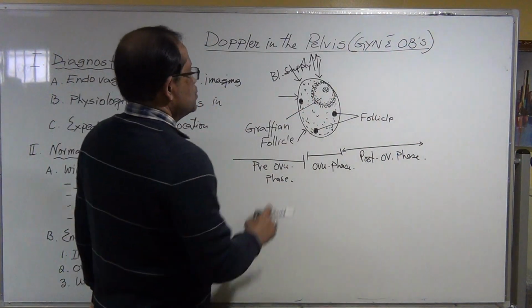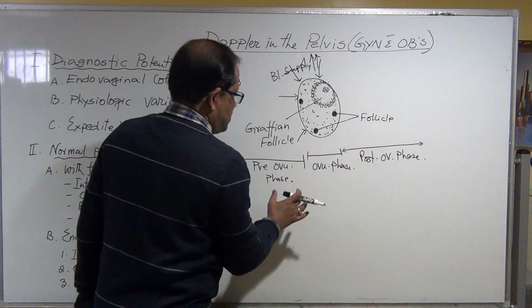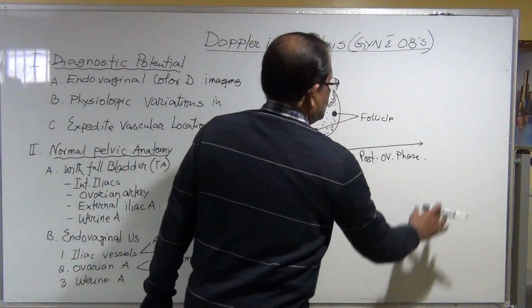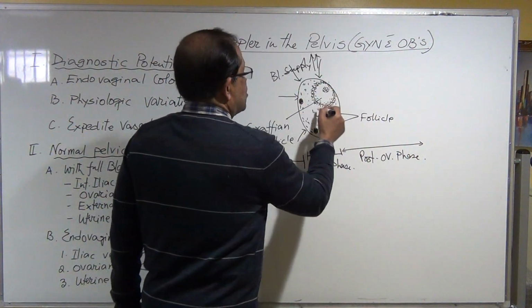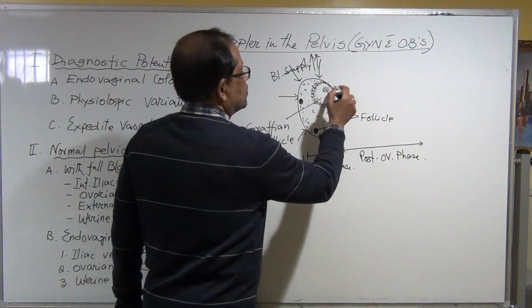Okay, so now pre-ovulatory phase, they need blood supply. Ovulation phase, they need more blood supply. Post ovulatory phase, after ovulation it will be turned into corpus luteum.